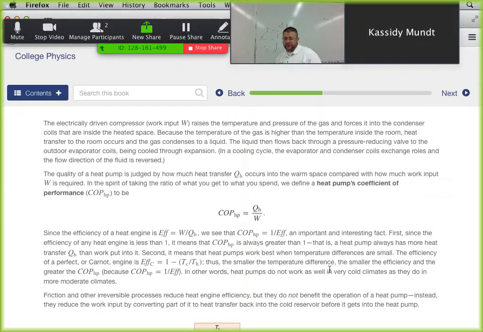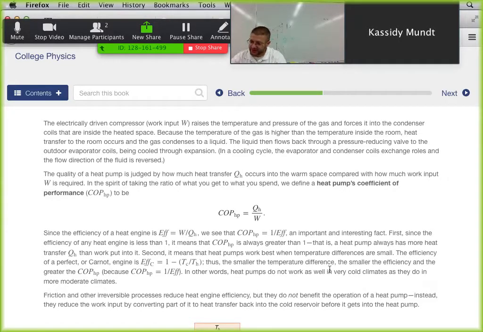And the interesting thing about this is that heat pumps, because they are the reverse of a heat engine, work the best, they have their highest coefficient of performance, when the temperature difference is small between outside and inside, between the hot side and the cold side.